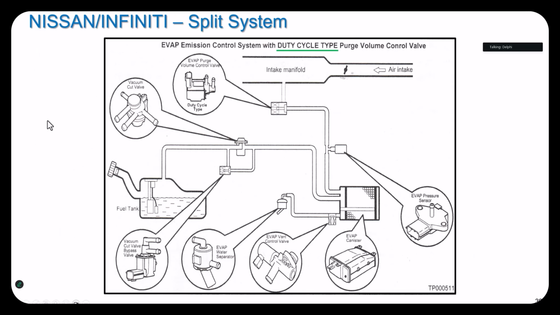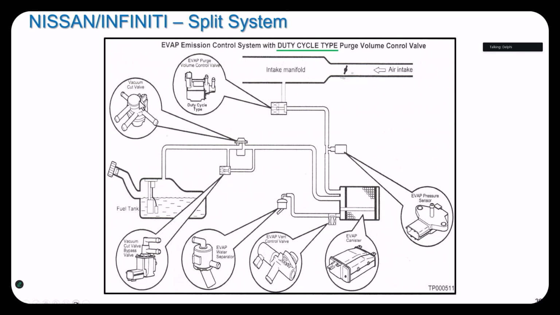The 96 to 98, 99, right in there, they use basically the same components. They use a purge control solenoid, duty cycle. They use a pressure sensor. They use a canister, vent, a water separator for the inlet. They use a vacuum cut solenoid for this valve right here called a vacuum cut valve.